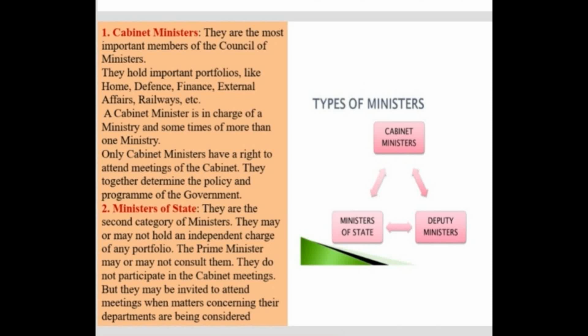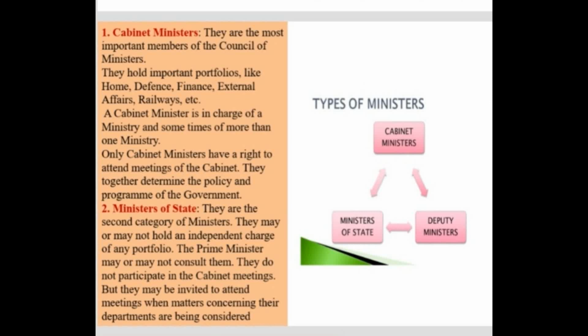The Prime Minister will always conduct meetings with the cabinet, not with the entire council of ministers. If necessary, he may call all the council of ministers, but the usual practice is he will conduct meetings with the cabinet ministers, who are very few in number, but they are senior-most and they hold very key positions. And only cabinet ministers have the right to attend such meetings held by the prime minister.